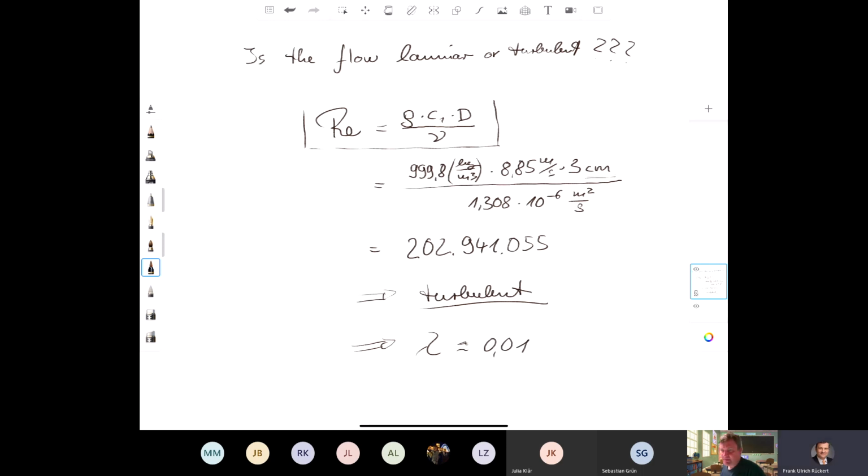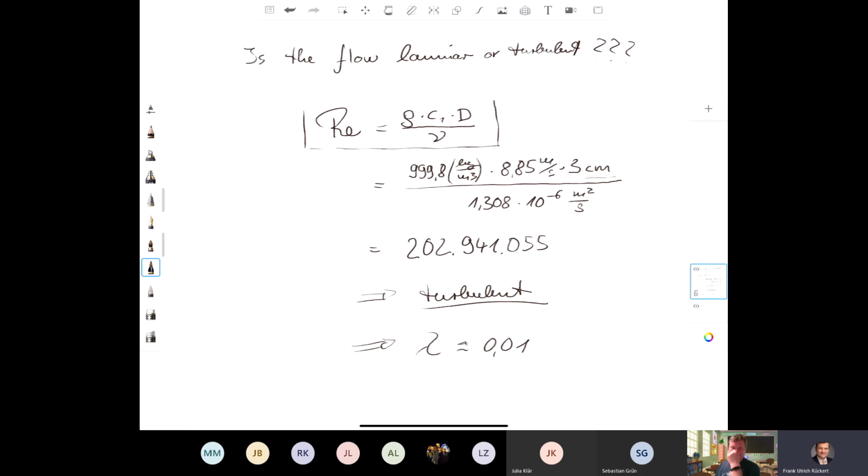Give me a short thumbs up. Perfect. We take a lambda value of 0.001. And now we can calculate our pressure drop for this value of 0.001.